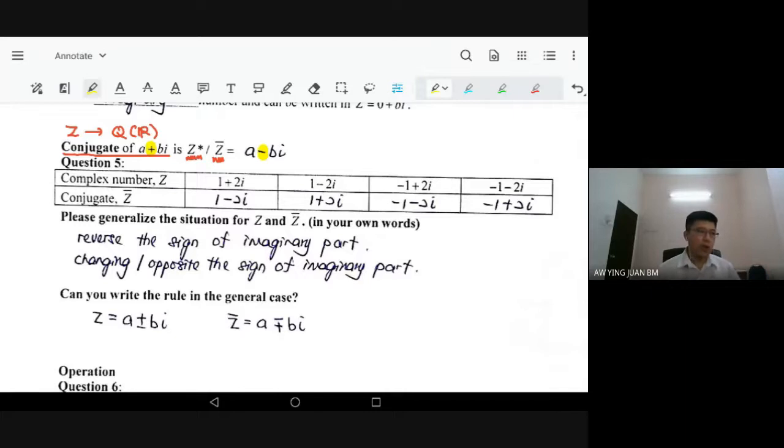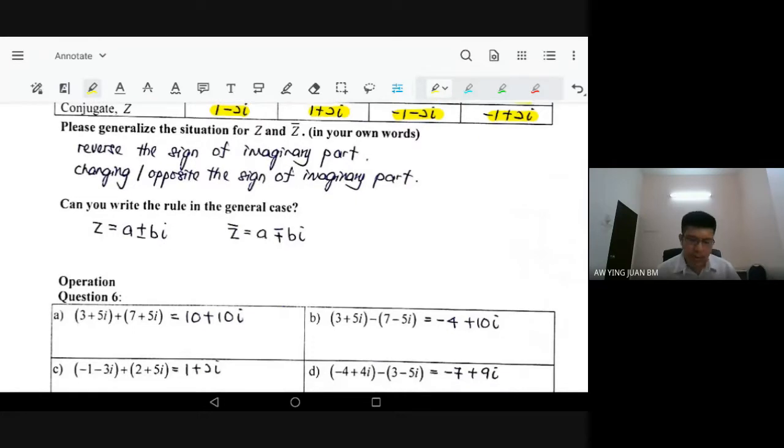So kita tengok contoh. Complex number of Z. So we have Z. Conjugate dia, tukar sign dia. Fokus betul-betul. Siapa punya sign berubah. So, sepatutnya, saya nak you tulis your own word lah. Generalize. Perkara ni, you kan suka buat keputusan awal. Betul?